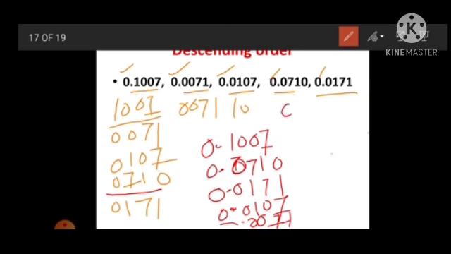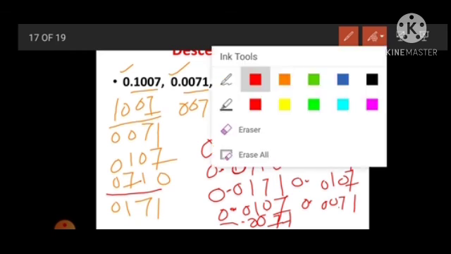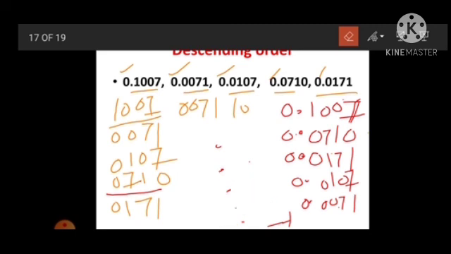Again we write here 0.1007, then 0.0710, 0.0171, 0.0107, and 0.0071. Okay, students, this is your descending order, biggest to smallest.